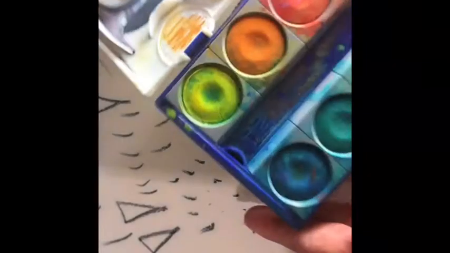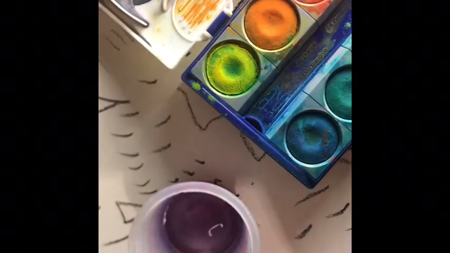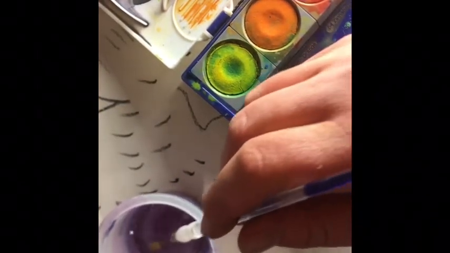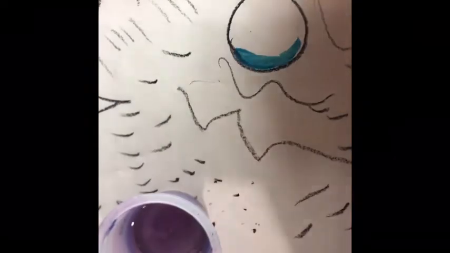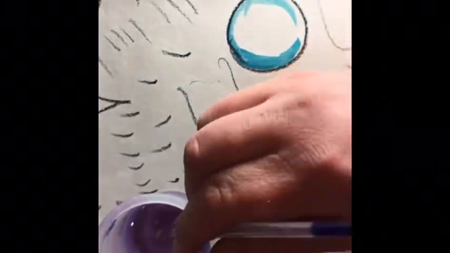So if you're using watercolor, remember that you need to dip your brush in the water, then the paint, and swirl it around a little bit to get it started. Then you can bring it to your paper and start adding color.